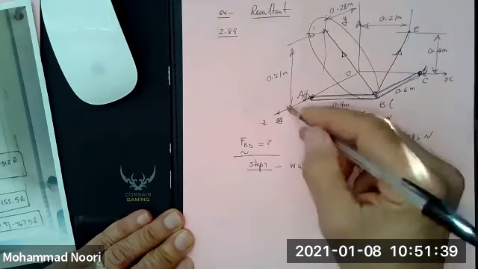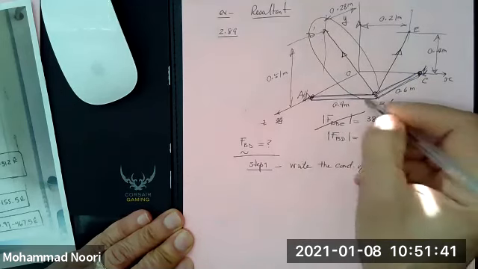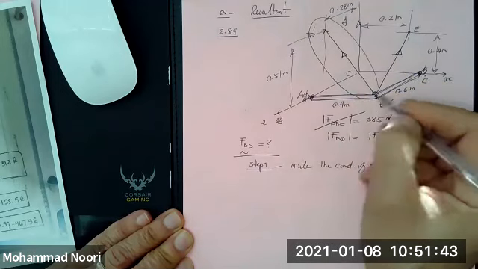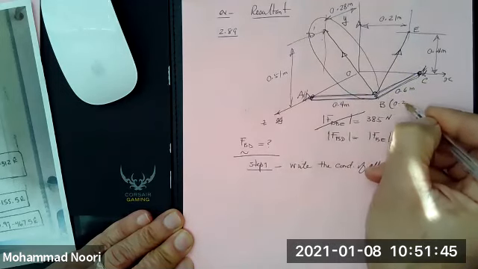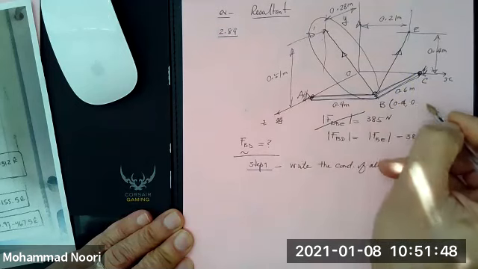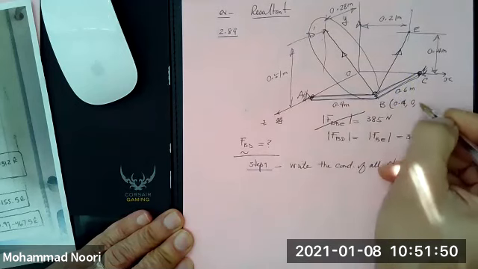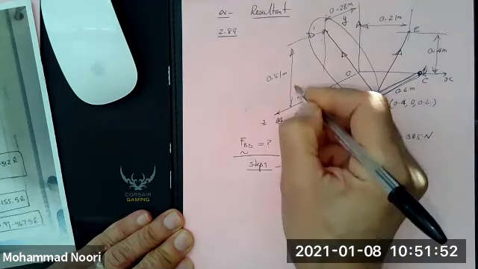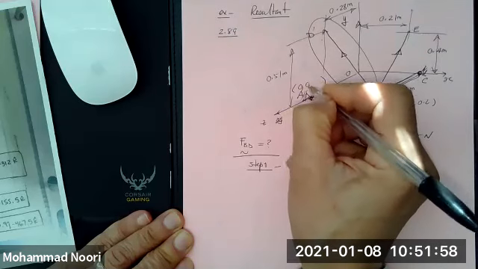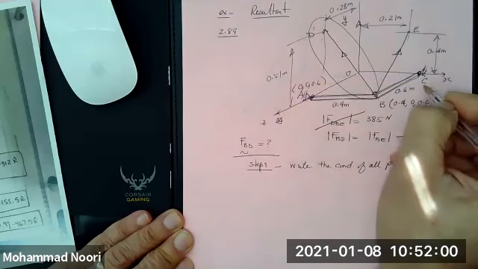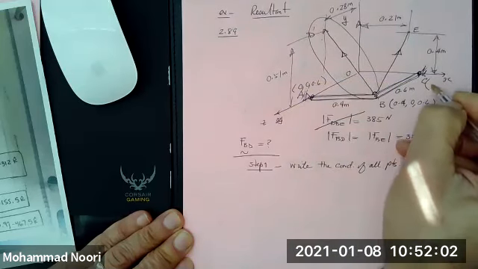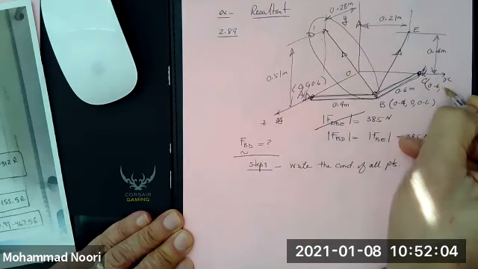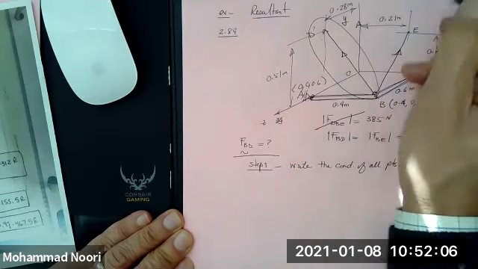This P is on the XZ plane, has no Y: X is given as 0.4, Y is 0, and its Z is given as 0.6. This point A is only along the Z axis and is 0, 0, 0.6. Point C is only along the X axis, so its coordinates are 0.4, 0, 0.